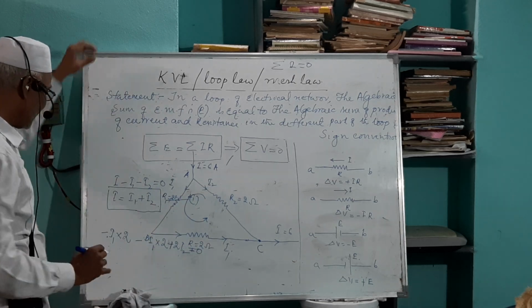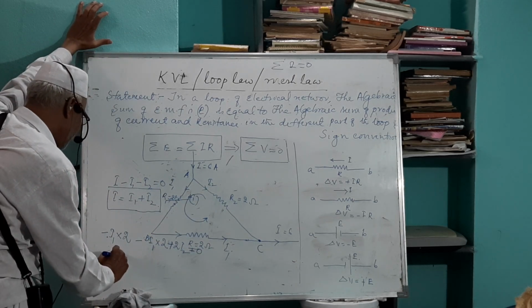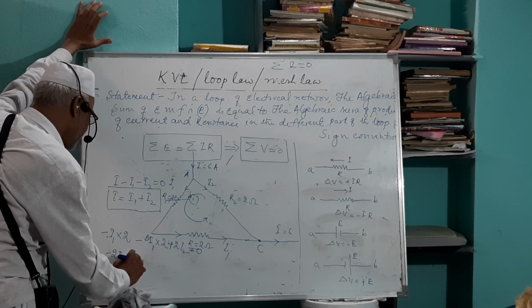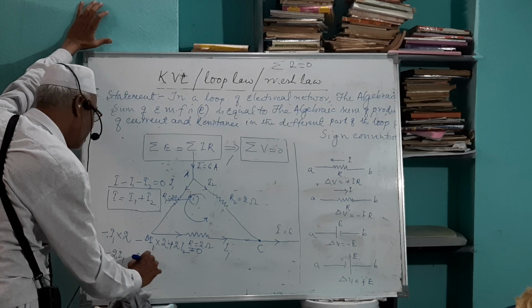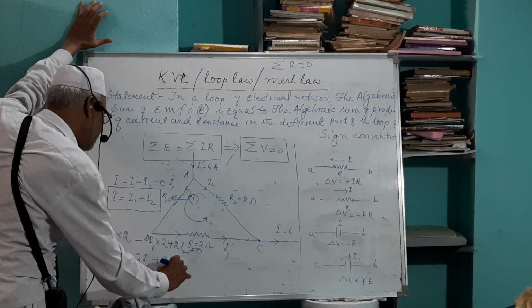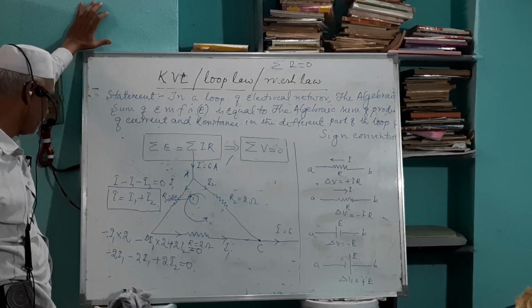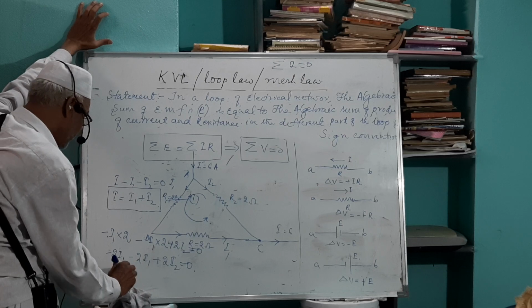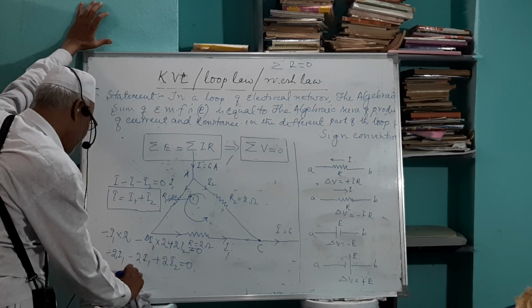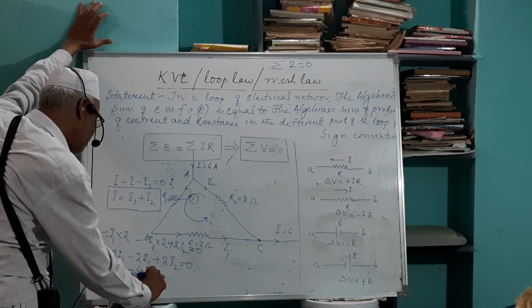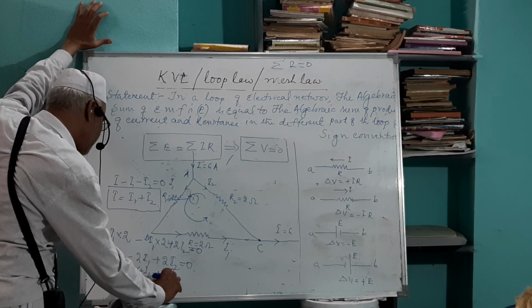This expression you can rewrite as minus 2I1 plus 2I2 is equal to 0. You see that minus 2I1 plus minus 2I1 will become minus 4I1, plus 2I2.